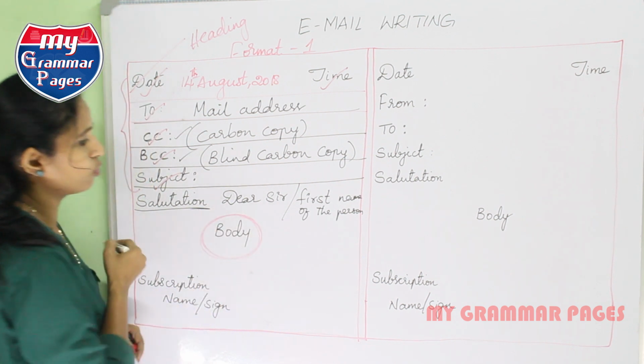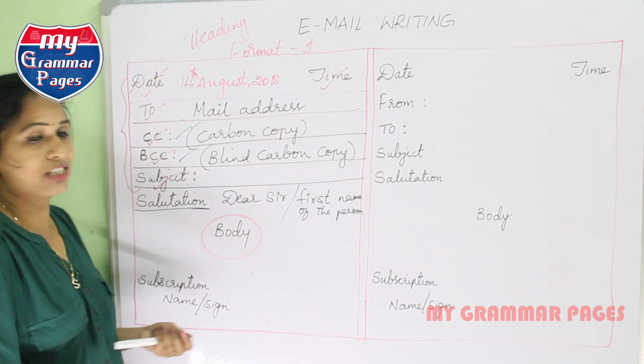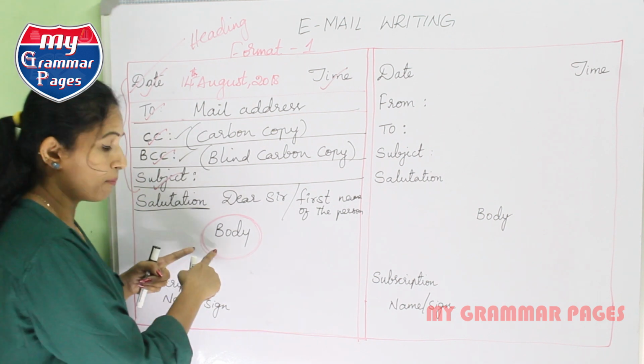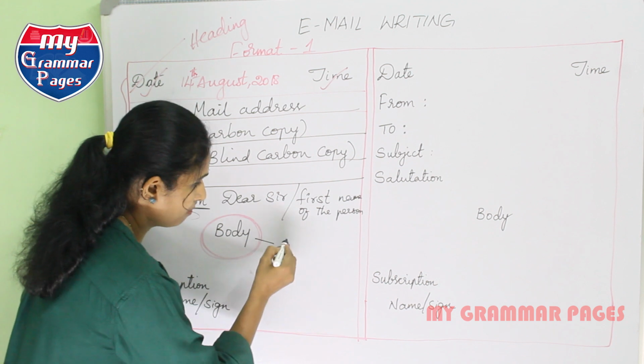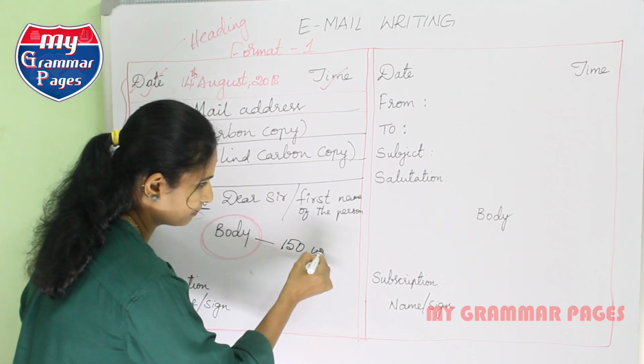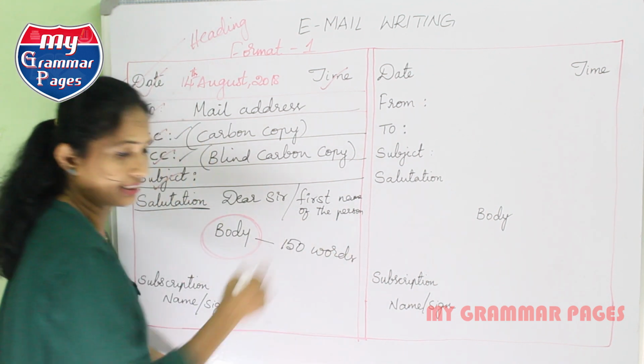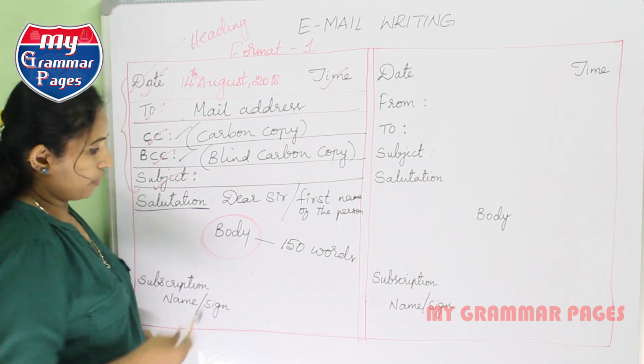This body is the main message. Whatever information you want to pass on to the other person or to a group, this is the main message. This main message should be written in a maximum of 150 words. Okay, 150 words.